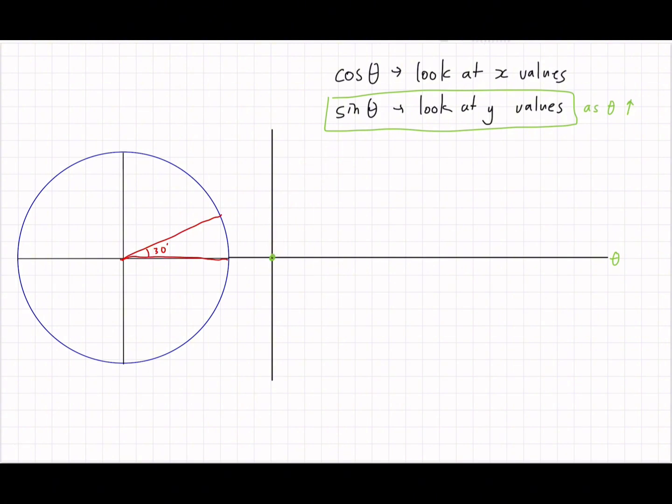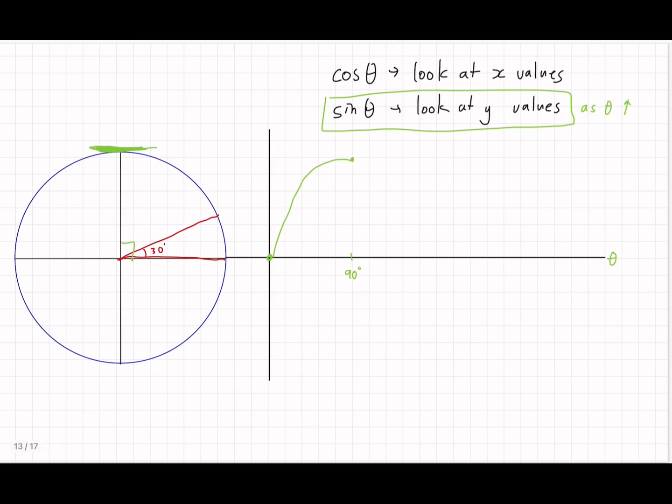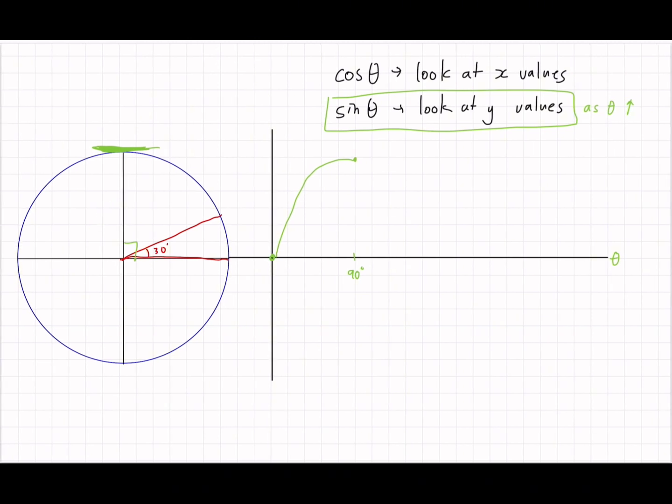So when this is 90 degrees, this is going to increase, and at 90 degrees, it's going to hit its peak y value. On the circle, there's no other y value that's greater than the 90 degree value, right? So let's say that's just this. And then from 90 degrees onwards, it decreases at the exact same rate.